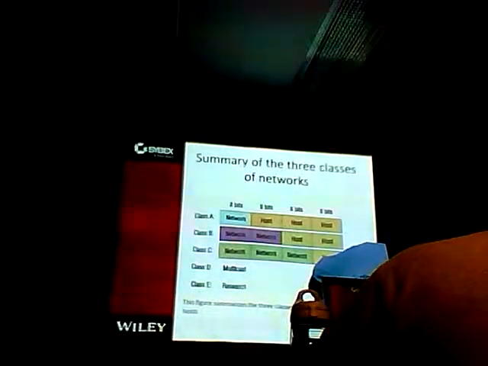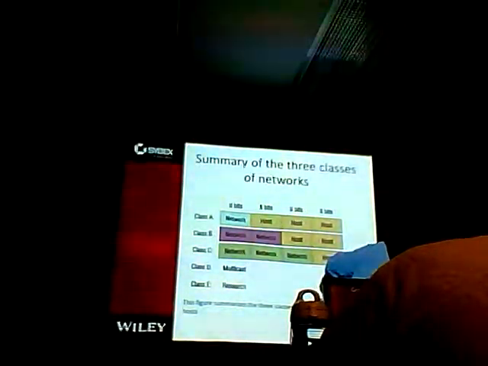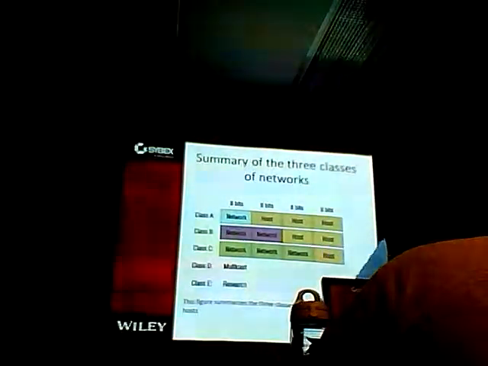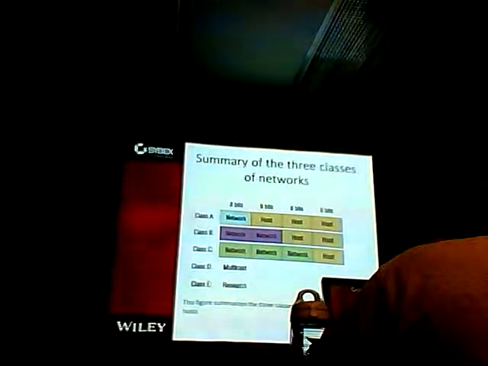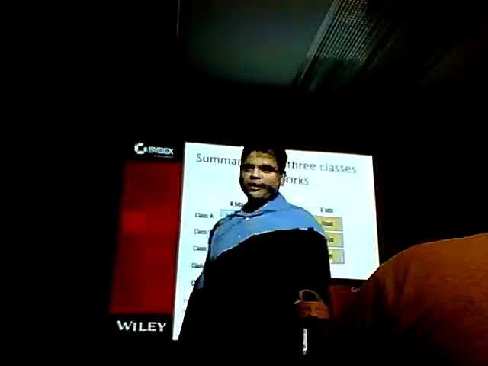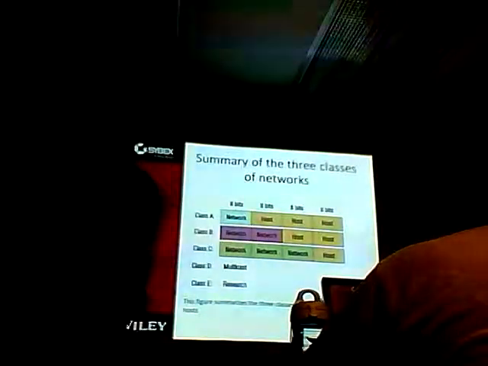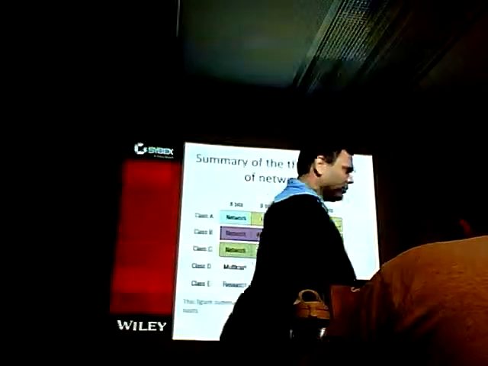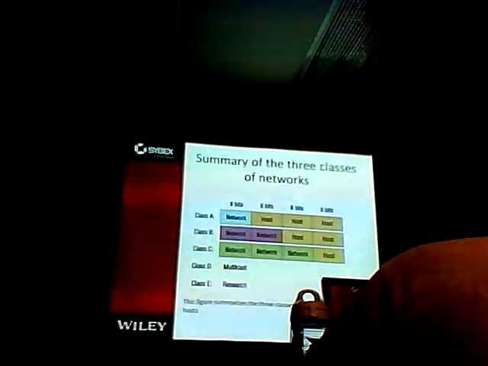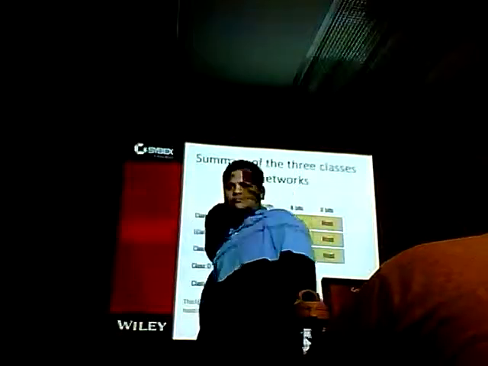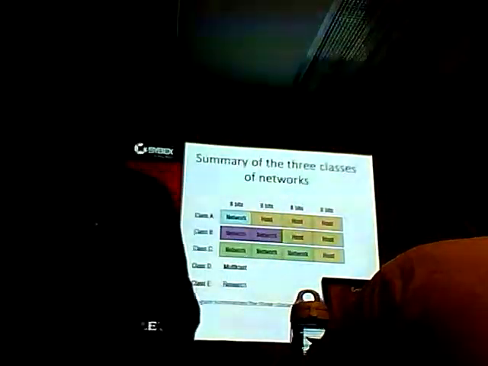And class E is up to 255. Some books say all 255, some books say 254.255.255.255, both are right. It doesn't matter, but the important part is class A, B, and C, which is what we use.